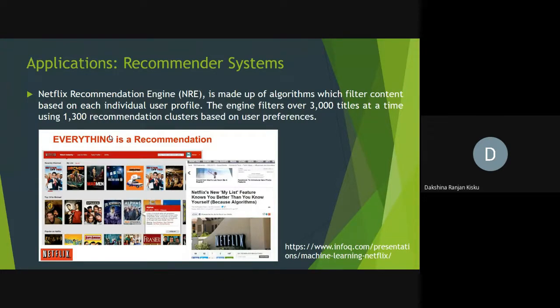If you have a profile on Facebook, Twitter, or LinkedIn, or in their recommendation system, then based on the profiles on those other social networking sites, the Netflix recommendation engine will filter the content. So as per your preferences, your choice, and your user profile, the recommendation system does this filtering.